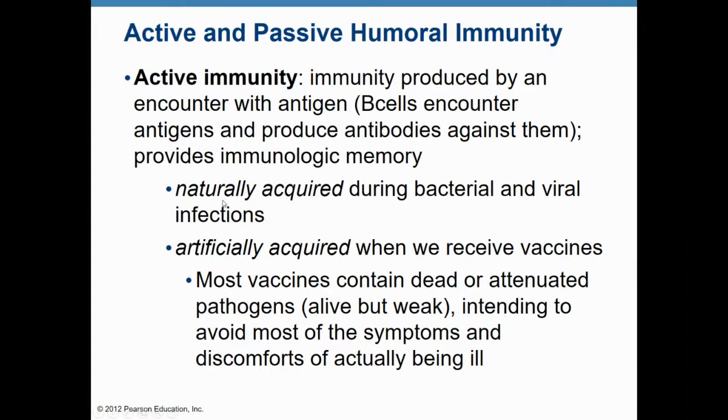Naturally acquired is just when you pick up the virus in your environment, like shopping at Target, right? Or grabbing the door handle at the movies, which nobody does anymore because we don't go to the movies. But then there's artificially acquired. And artificially acquired is when we use vaccines. So we trick the immune system into thinking that you have this virus or bacterium by showing it little pieces.